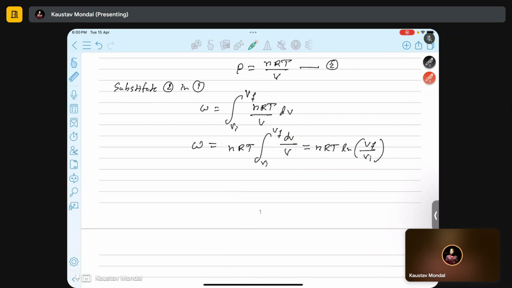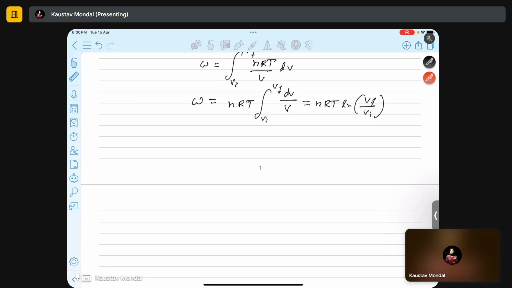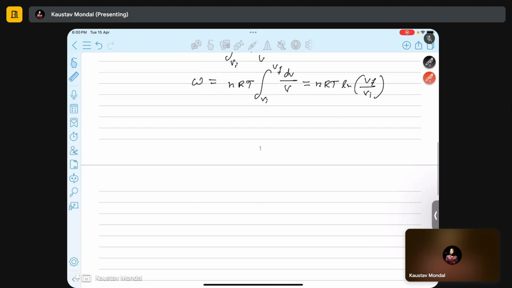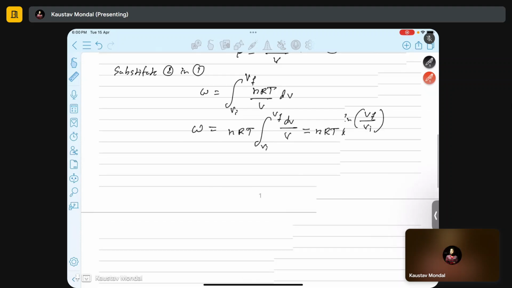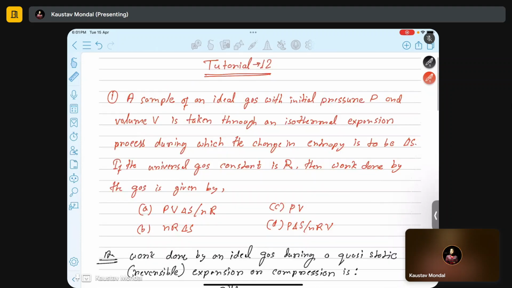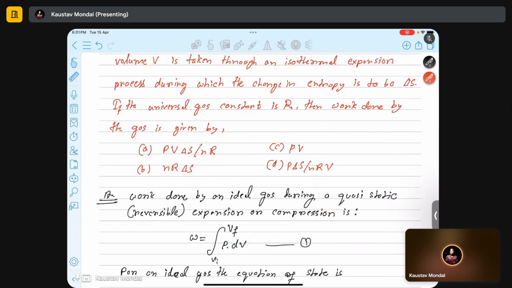Okay. So we got the expression of the work done. Now this is the work done, but in the problem we have to find this work done in terms of delta S. Delta S means the change in the entropy.